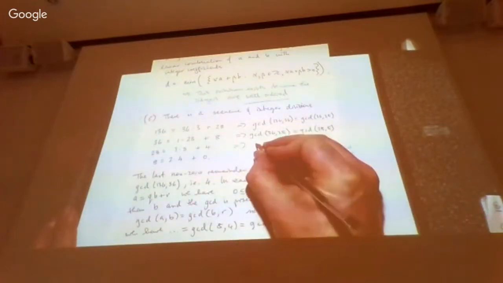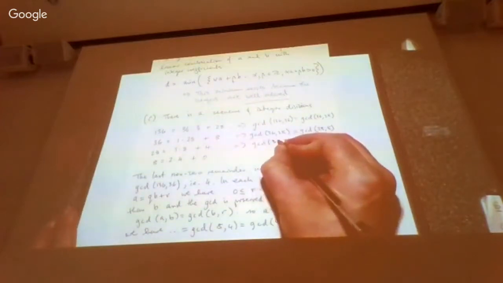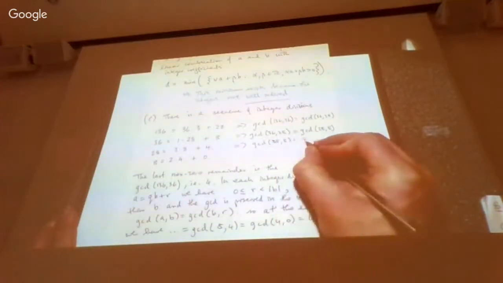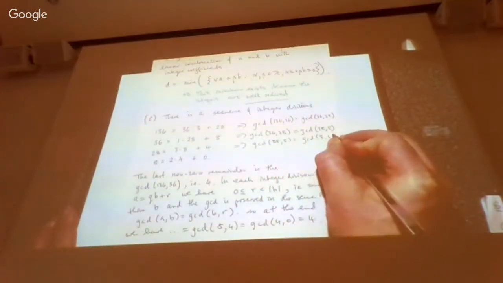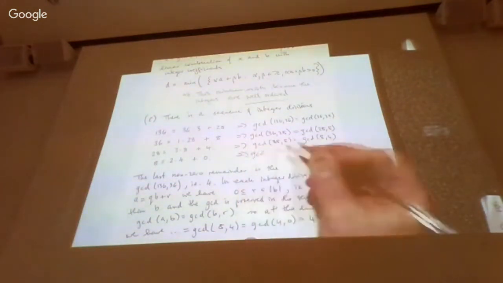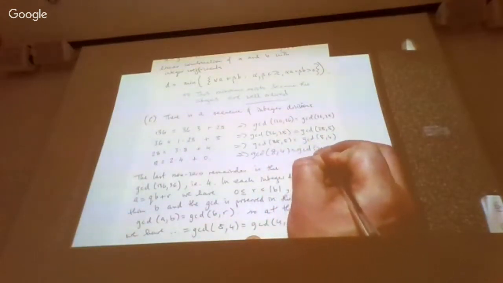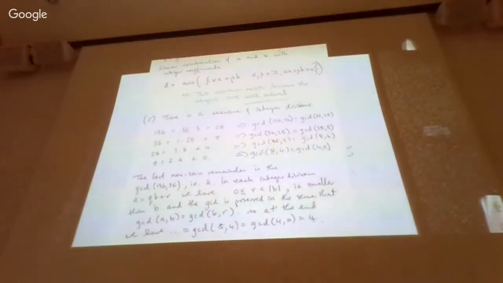And the GCD of 28 and 8 is the GCD of 8 and 4. And this last one down here says the GCD of 8 and 4 is the GCD of 4 and 0.